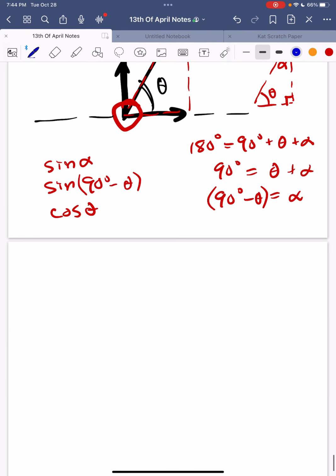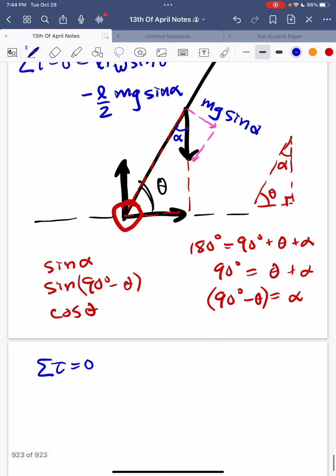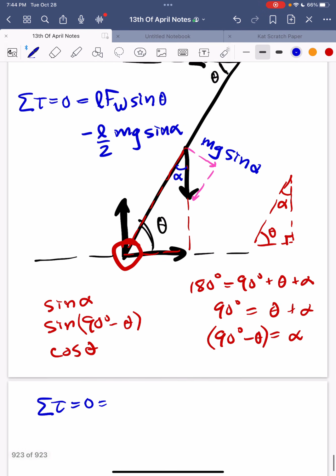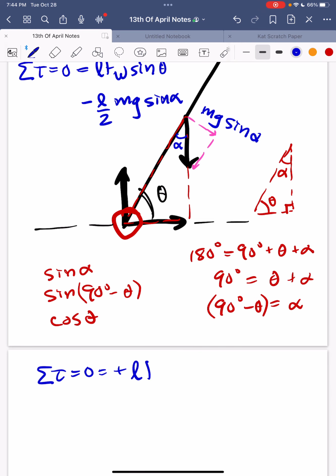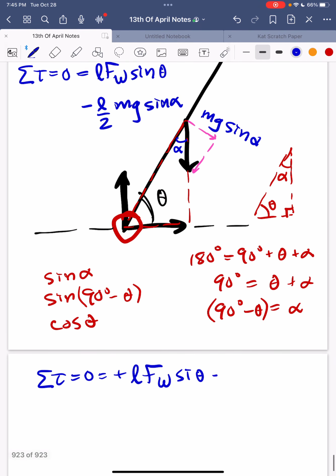I can basically say the sum of the torques equals 0. And so that's going to equal plus L, force of the wall, times sine theta, minus mg times cosine theta, like that.